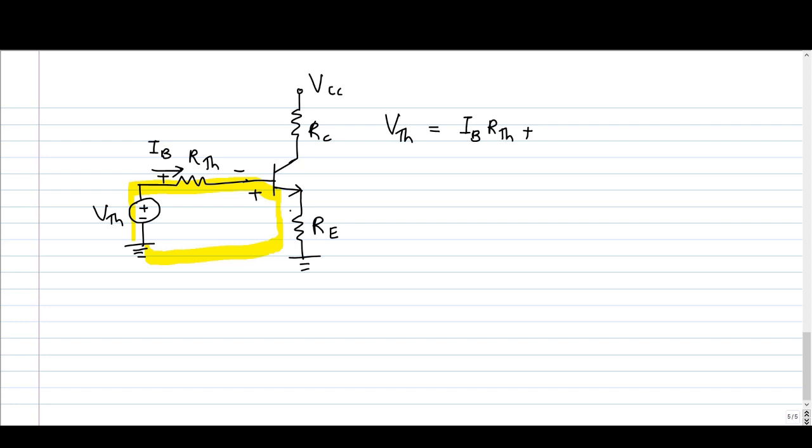Now there is a drop across the base emitter terminals, that is VBE, plus the drop across RE. What is the current flowing through RE? IE. So it is IE into RE. Okay. Now suppose this is equation number 1.